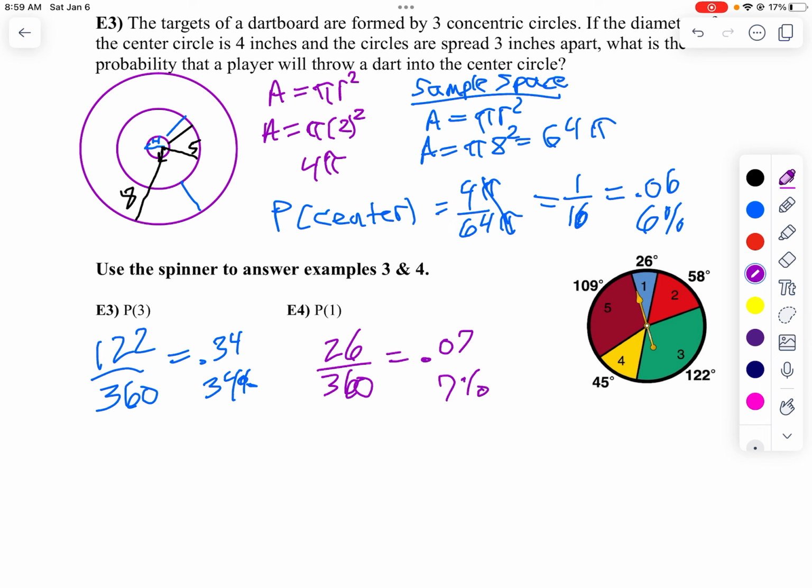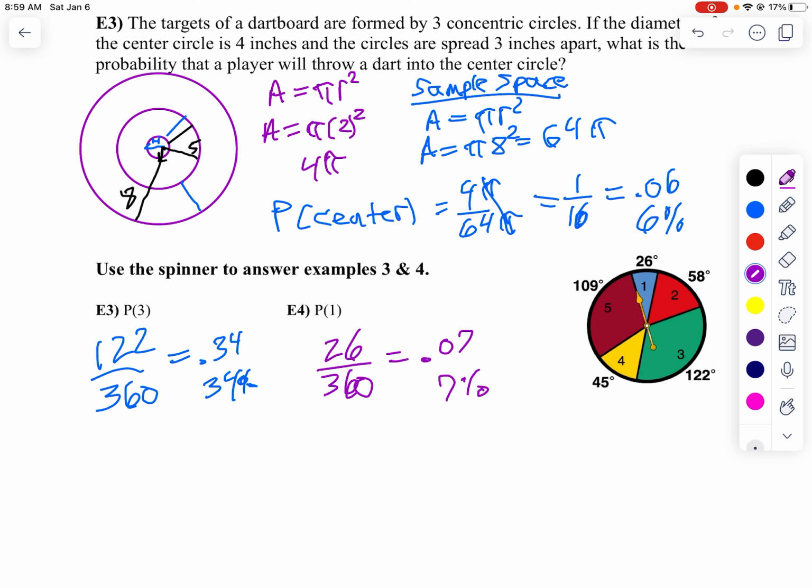And obviously, I could reduce those and still be right. In fact, we'll do that together. So 26 over 360. And if I reduce that, I get 13 because 2 goes into both of them.